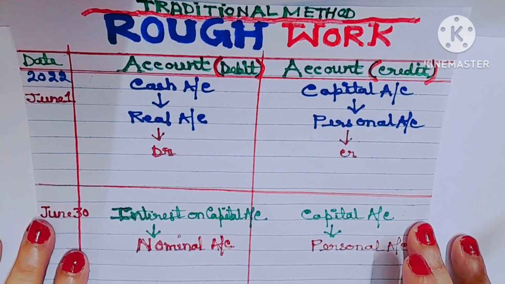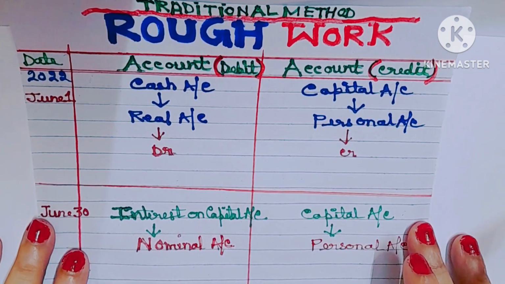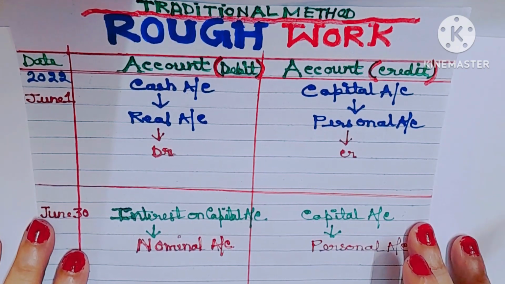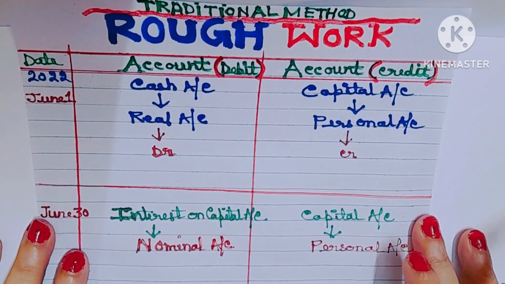So previously she contributed 6 lakhs plus she will get interest on capital 60,000. So her total capital will be 6 lakhs 60,000. Understood?